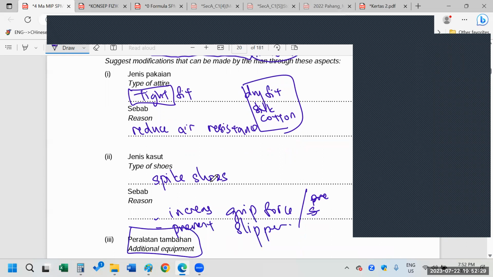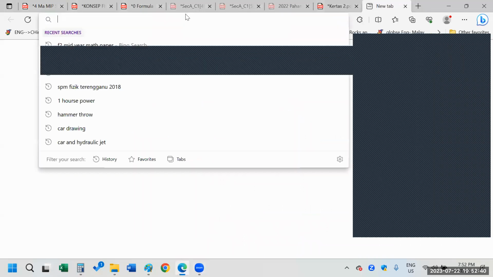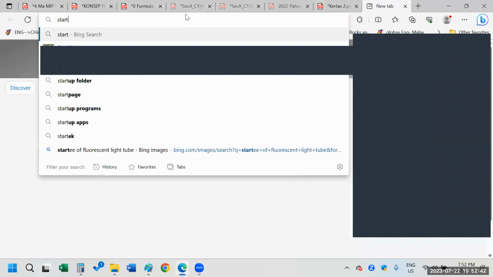Okay, additional equipment is a starting block. Starting block. Only one answer.